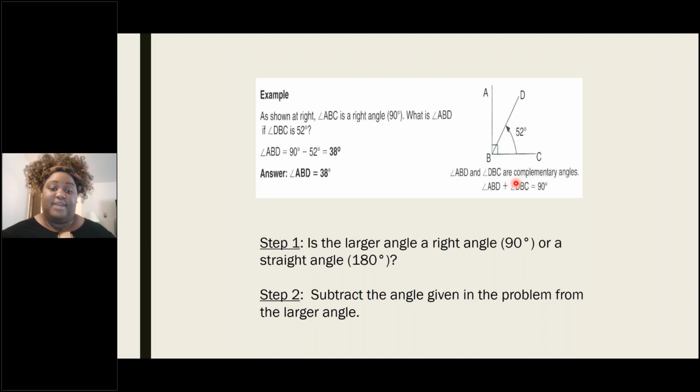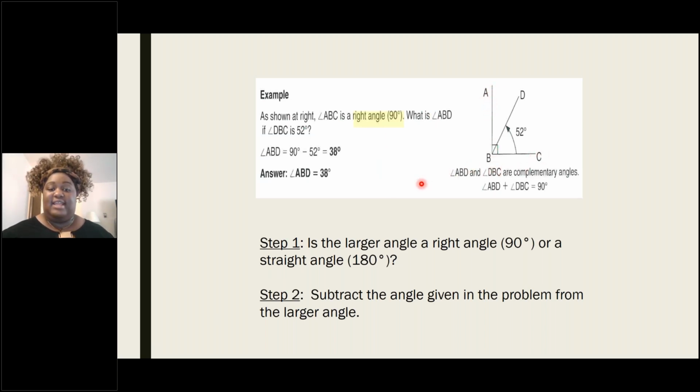So the first step when you're coming across a problem like this is you want to figure out, is the larger angle that the two form a right angle or a straight angle? So looking at this one, and even in the problem, they actually tell us that it's a right angle. It's 90 degrees. That's what the two form together to make.